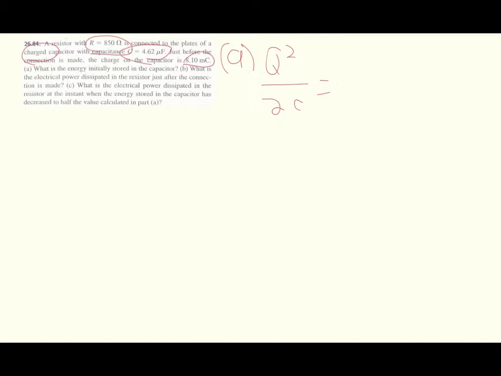Again, they tell us that it's 8.1 microcoulombs, so times 10 to the negative third, maybe, divided by 2 times 4.62 times 10 to the negative 6 farads.